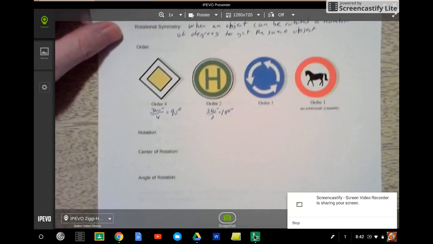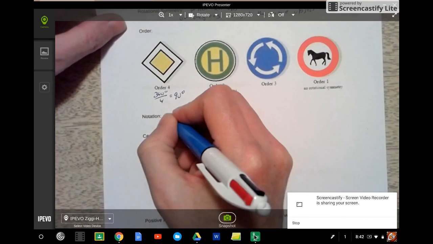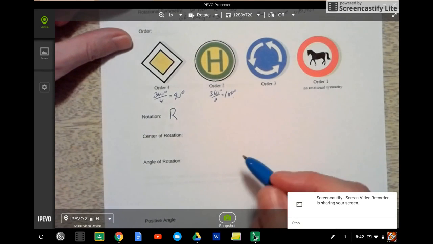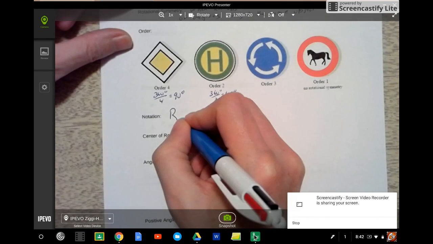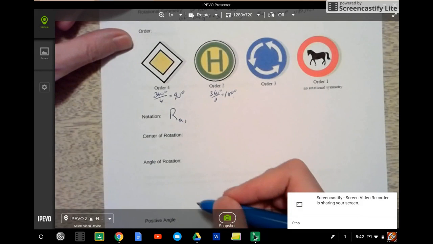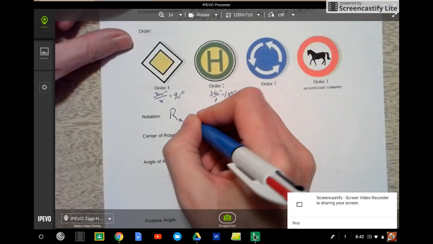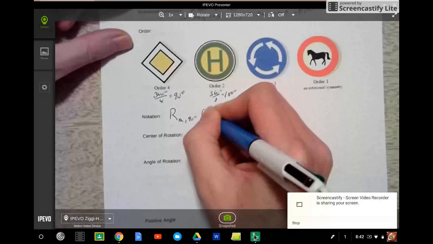What about the notation? We said that yesterday a little r gave us reflections. A big R gives us rotation. And there's certain things that you have to know about rotations. We need to know what we're rotating around. So sometimes they'll give you a point or some sort of letter. Maybe I'm rotating around point A, maybe I'm rotating around the origin, and then our degrees. So let's say it's 90 degrees. And then, of course, our object.